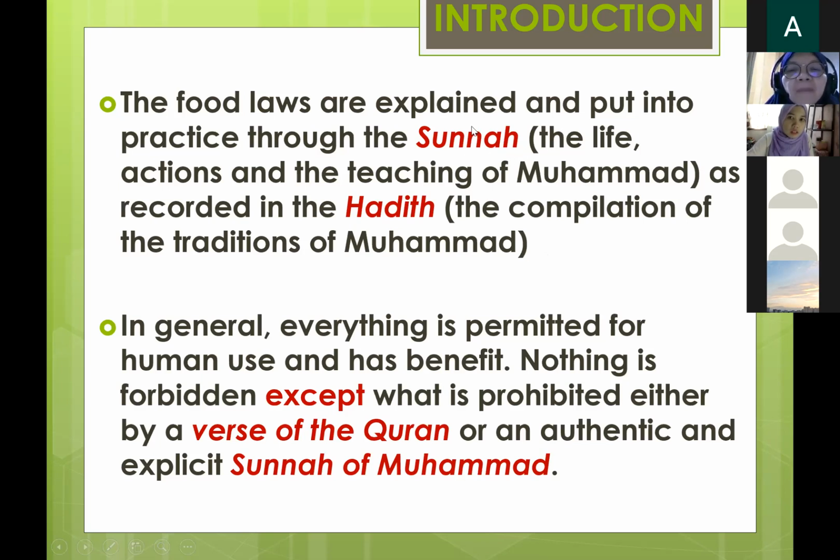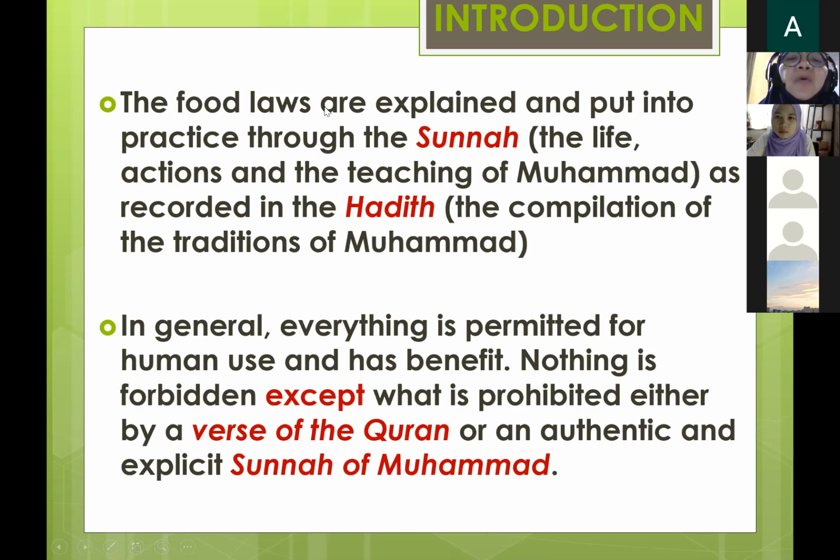What is Sunnah? Sunnah is the life, the action, and the teaching of Muhammad. Whatever he did during his lifetime becomes a guidance to mankind. We follow his actions, his life is an example for Muslims to follow, and this is called Sunnah.